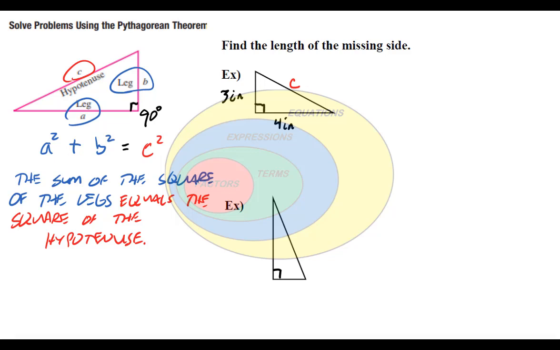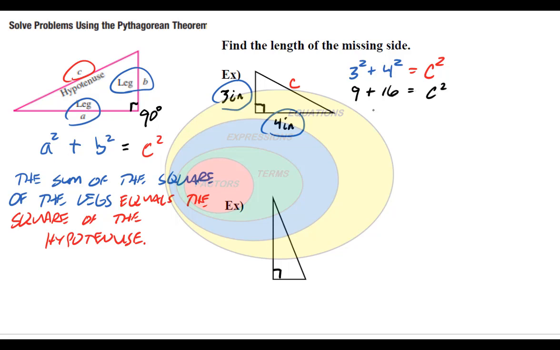So we can use the Pythagorean theorem: the sum of the squares of the legs, 3 squared plus 4 squared, is going to equal the square of the hypotenuse, C squared. Evaluating, 9 plus 16 equals c squared, so 25 equals c squared. We can use the square root property and take the square root of both sides, and we get plus or minus 5 equals c.